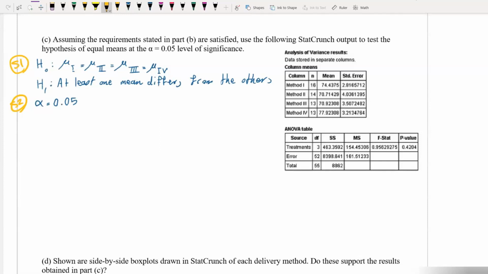Alpha is 5%. We did steps 3 and 4. F was 0.96, and our p-value was 0.4204. We already have the answers here, but we did it using the TI-84.